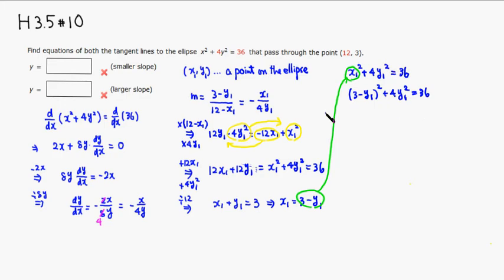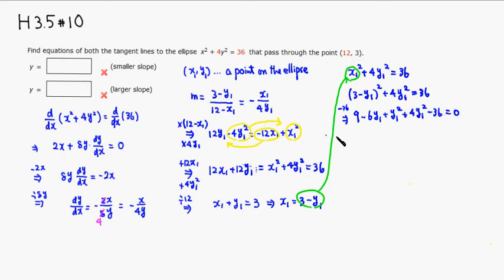So what kind of equation can we get? 3 squared would be 9, minus 6y1, plus y1 squared, plus 4y1 squared. And actually I'm going to subtract 36 so that the negative 36 is on this side.